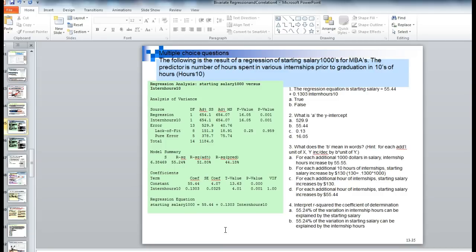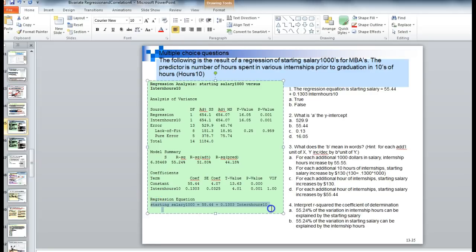Multiple choice questions, I'll let you take a look at those. Let's see. Here is starting salary and intern hours in tens. Regression equation is starting salary is equal to 55.4 plus 0.013 intern hours 10.